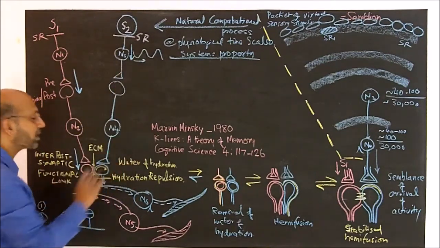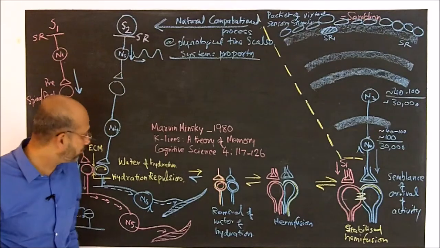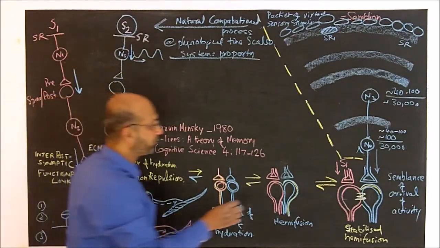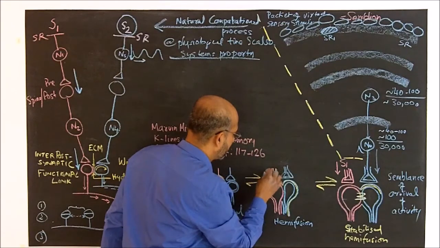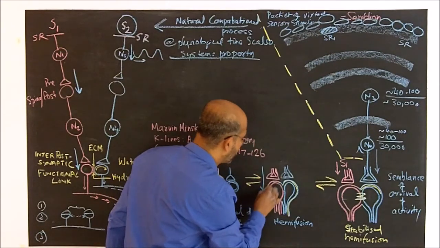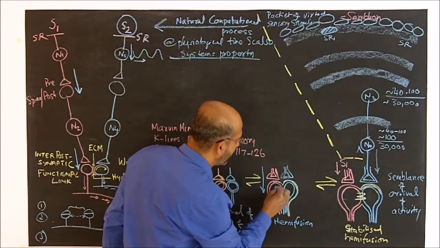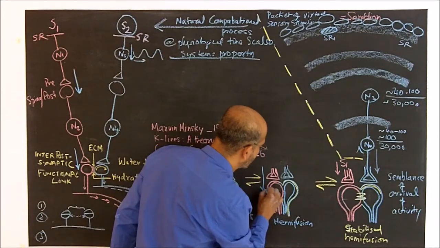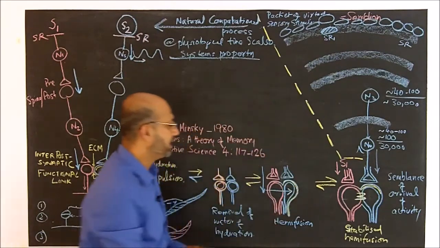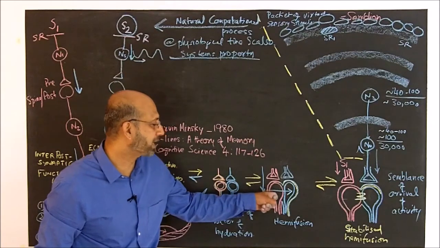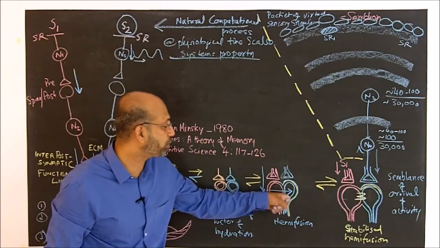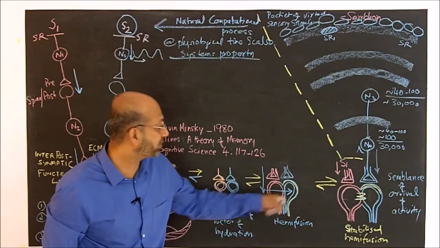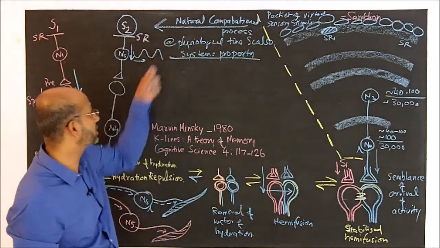What about the perpendicular vector component? If you look carefully here, I will show it here, we have one synaptic transmission taking place at the synapses, and the transmission of potentials across the interpostsynaptic functional link takes place perpendicular to the synaptic transmission. So that can contribute to the second vector component of the oscillating potentials.